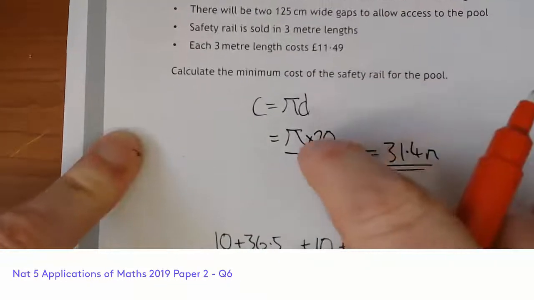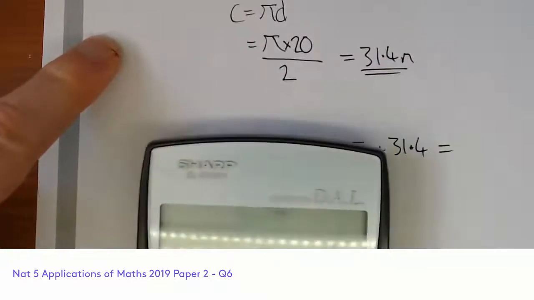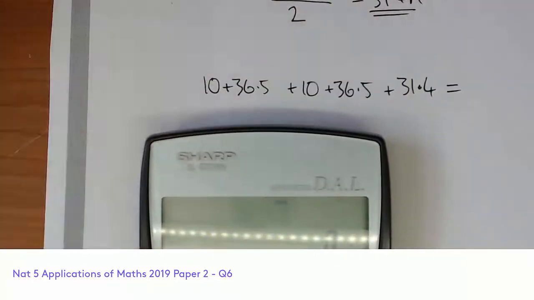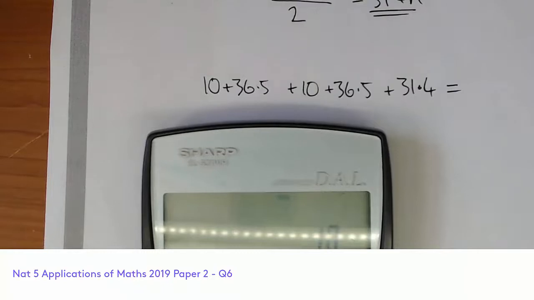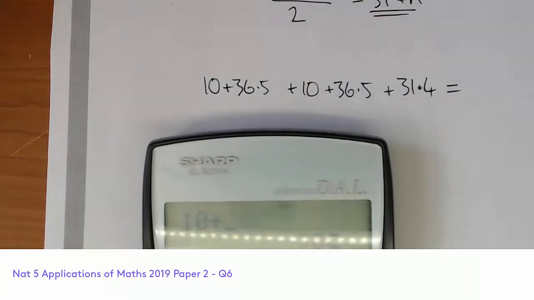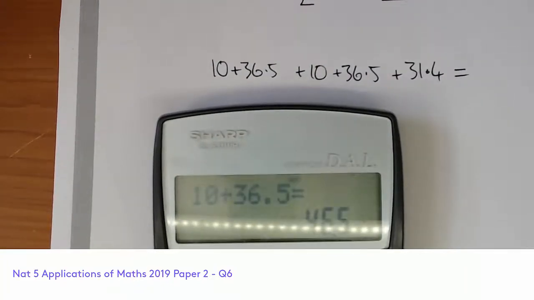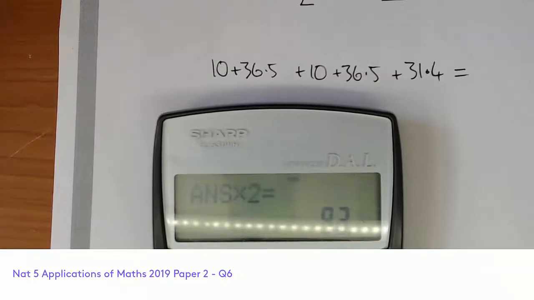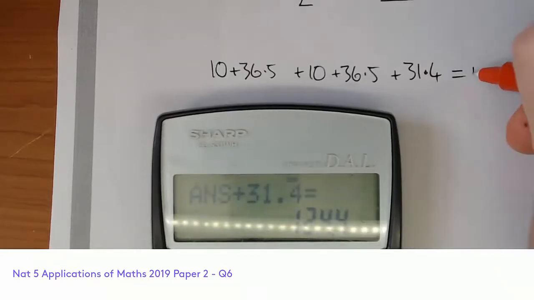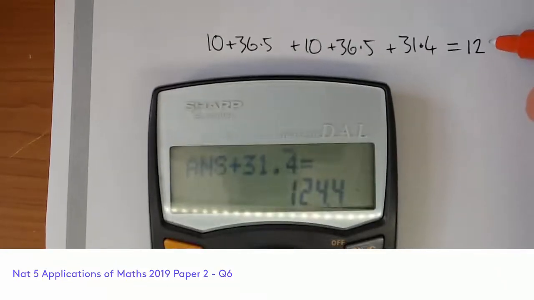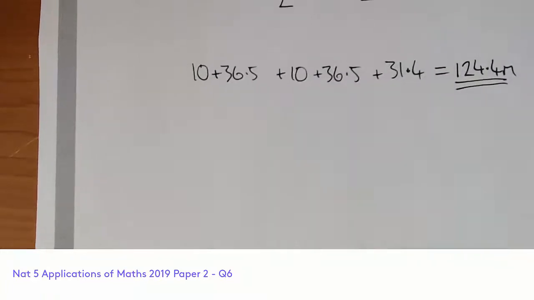That's why I've just divided it by 2. So 10 plus 36.5, 2 lots of that, so I'm going to times that by 2, and then plus 31.4. The perimeter is 124.4 meters. So that's the whole perimeter.